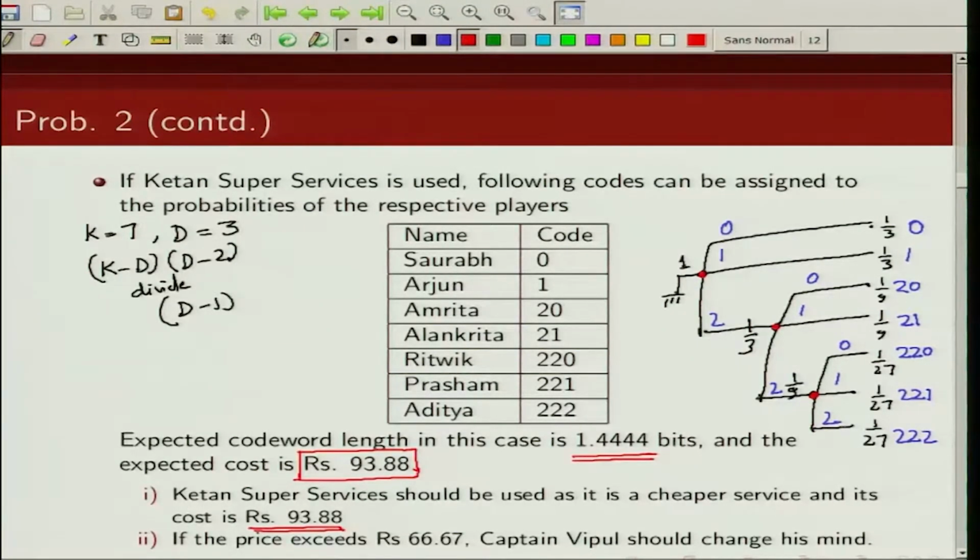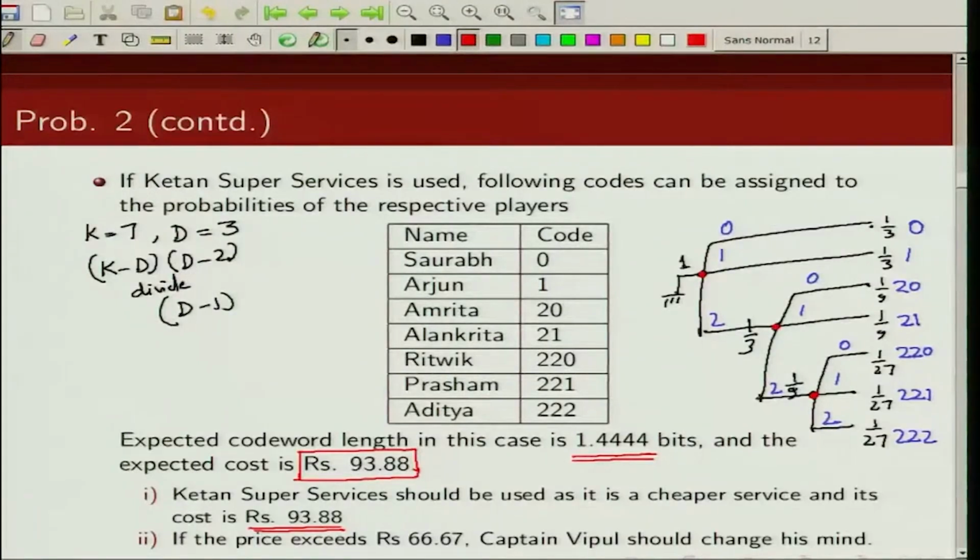So Vipul is going to use Ketan Super Services. The next part of the question was: by what price, if he increases Ketan's charges, will Vipul change his decision? So that we can calculate. We know the expected code word length for ternary, which is 1.4444, times the cost, let's say the cost is rupees X, and the cost of binary transmission is 40 with the number of bits being 2.4.